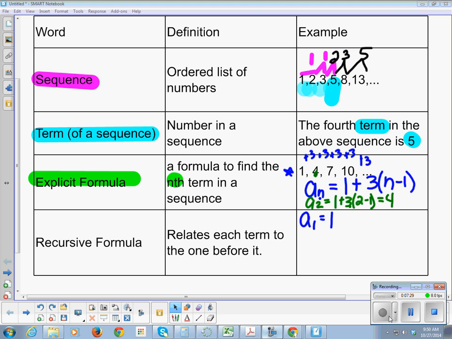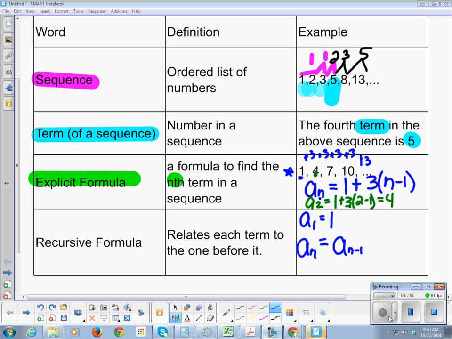So we always have to identify what our starting term is. In this case, it's A1 is equal to the number 1. And then we have to say the next term, or any subsequent term, is equal to the term before.